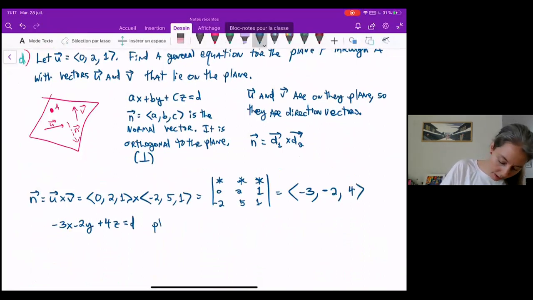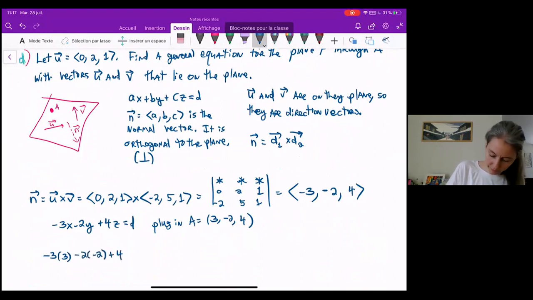So now I plug in A is equal to 3, negative 2, 4 to find D. So this is negative 3 times 3 minus 2 times negative 2 plus 4 times 4 is equal to D. And I get negative 9 plus 4 plus 16 is equal to 11.